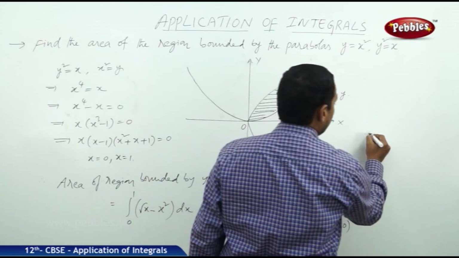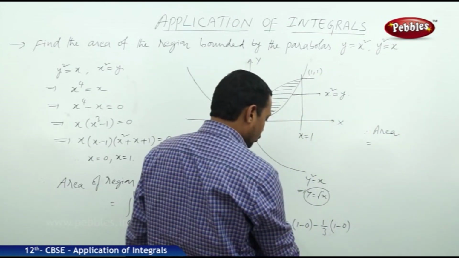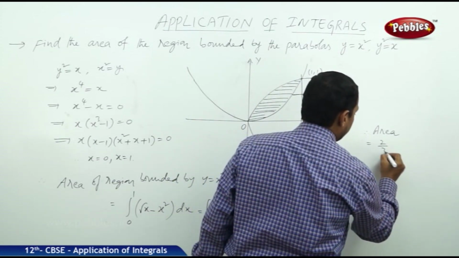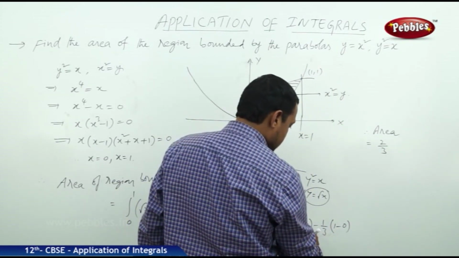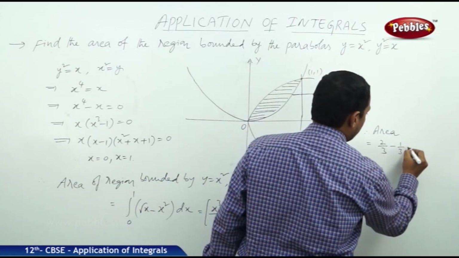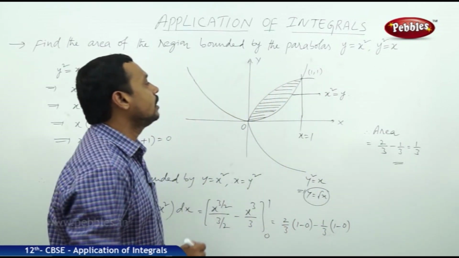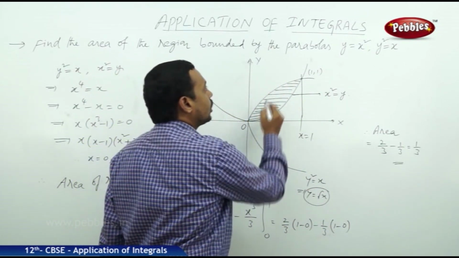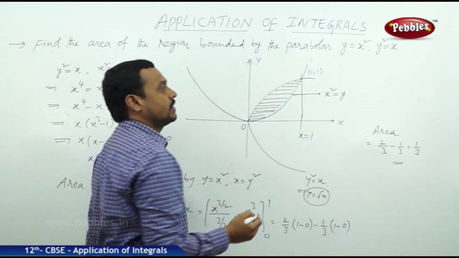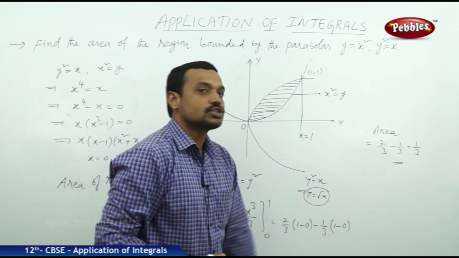Finally, the area is 2 by 3 minus 1 by 3, which equals 1 by 3. Hence, the area between the two parabolas y = x square and x = y square is 1 by 3 square units.